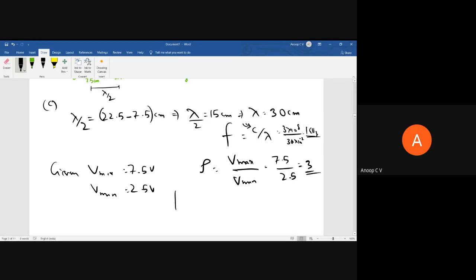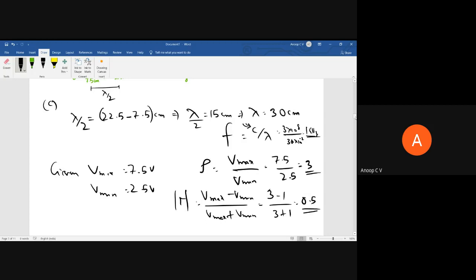Or else you can find the mode of gamma directly, that is equal to Vmax minus Vmin divided by Vmax plus Vmin. So this will be equal to 3 minus 1 divided by 3 plus 1, so that will be 2 by 4, that is 0.5.